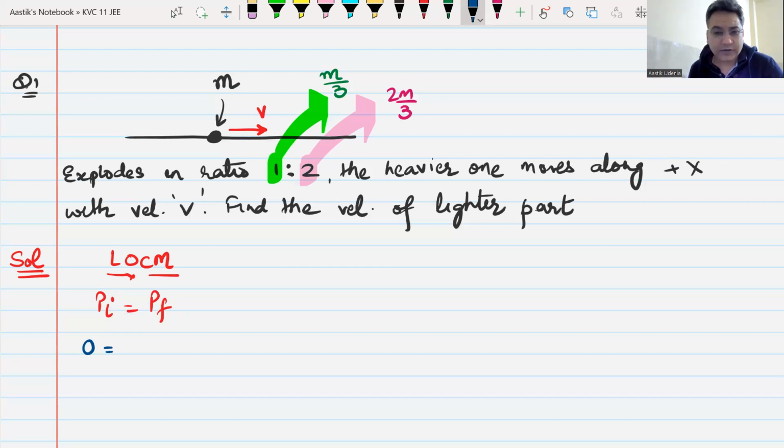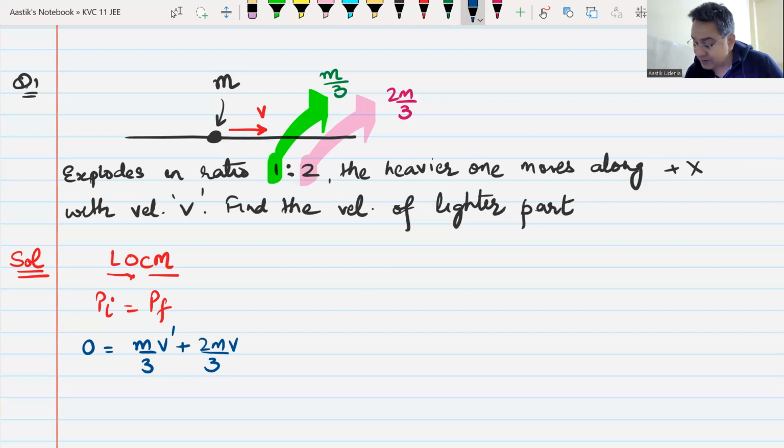So if I call the velocity of the lighter part as V dash, M by 3 into V dash is the momentum of the lighter part, plus the momentum of the heavier part is given as 2m by 3 multiplied by V. This V is given to you already.